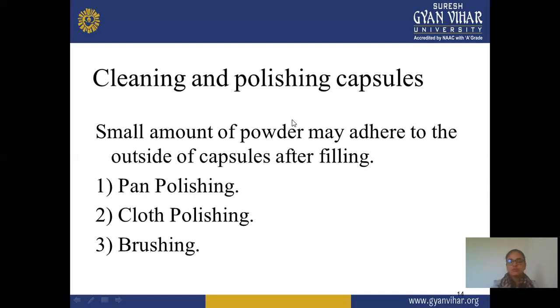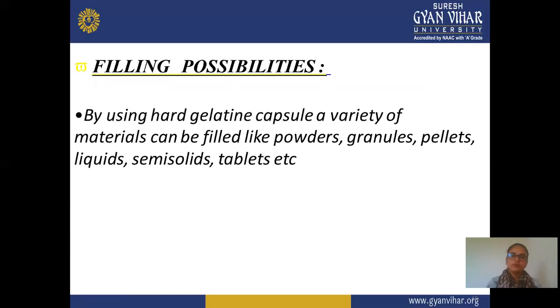In pan polishing, you put your capsules in a pan to remove excess material and clean them. In cloth polishing, you manually remove the excess material with a cloth. In brushing, you use a brush to clean excess material from the surface of the capsule.